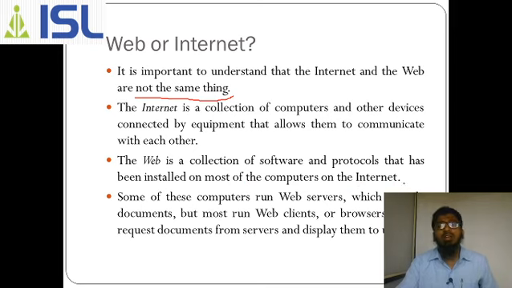So this is like database and all the software installed on the internet, and that is called the web. Some of these computers run web servers which provide documents, but most run web clients or browsers which request documents from servers and display them to users.